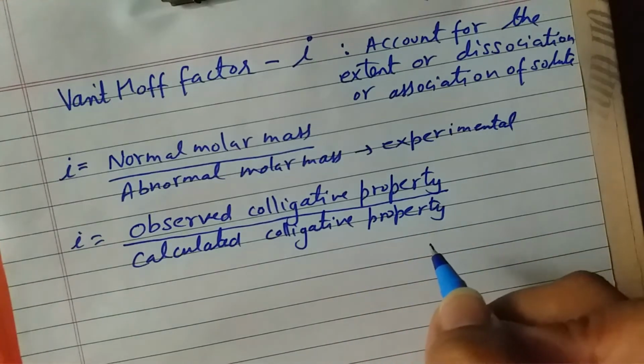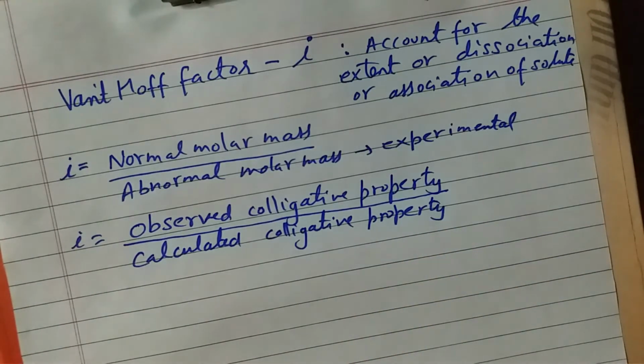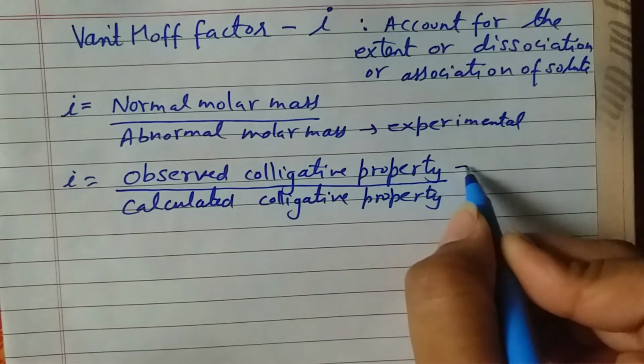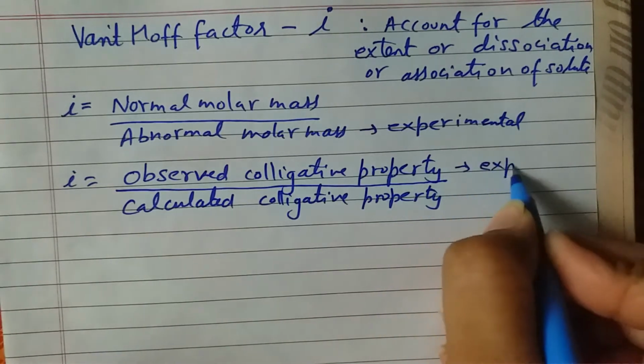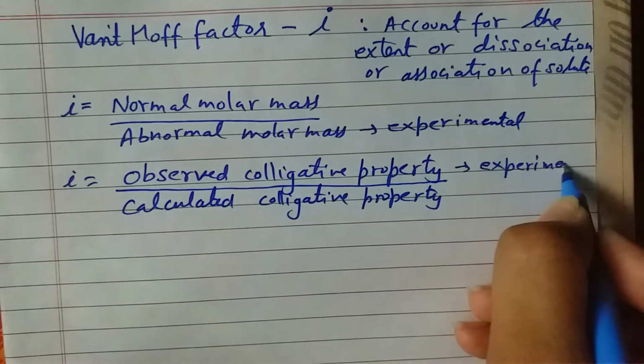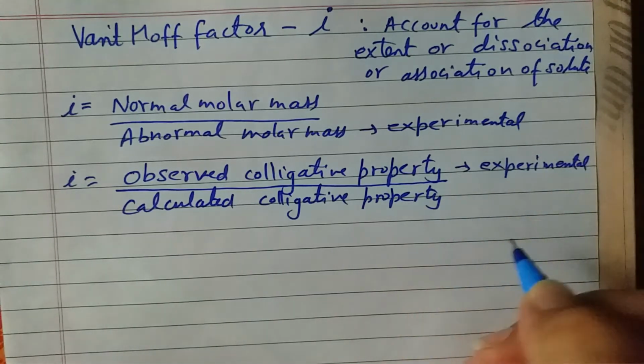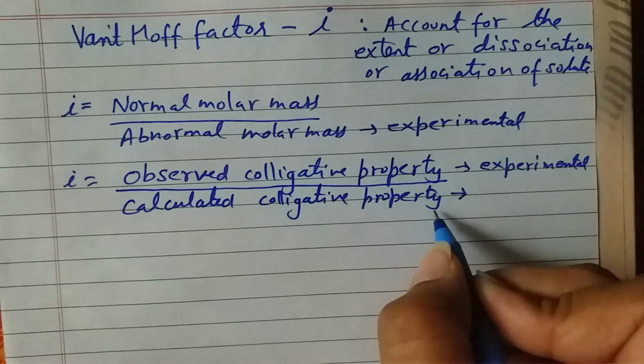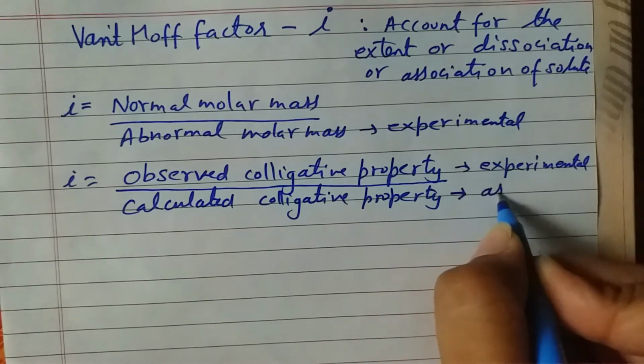Okay, so i is defined as the observed colligative property divided by the calculated colligative property. Here, the observed colligative property is the one which is experimental, that you get the value through the experiment you observe, and the calculated colligative property, certainly we calculate, and we calculate with an assumption.